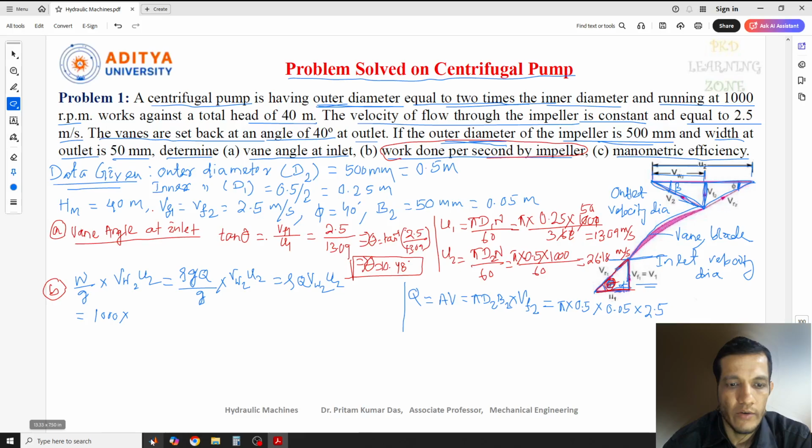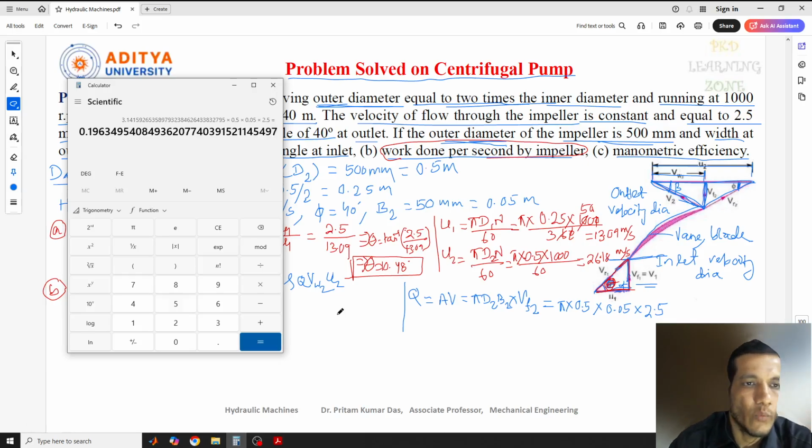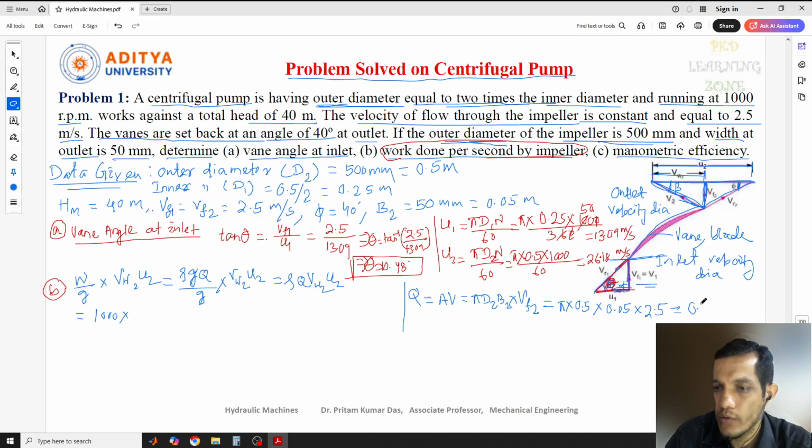Now we need to find the value of Q. So pi into 0.5 into 0.05 into 2.5, we got 0.196. This is the discharge, Q equals 0.196 meter cube per second. This was the volume of water with respect to time, per second.